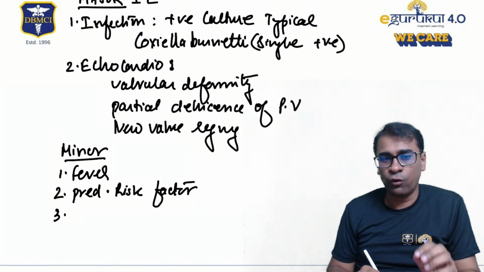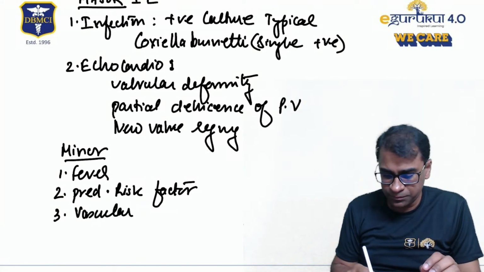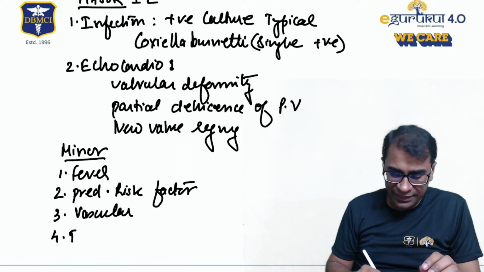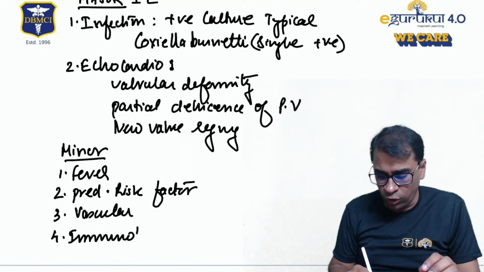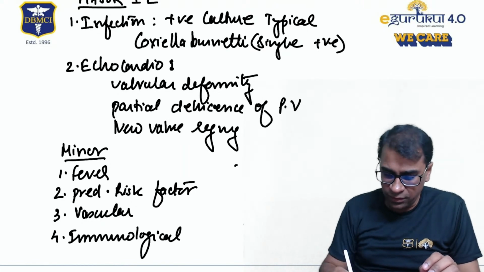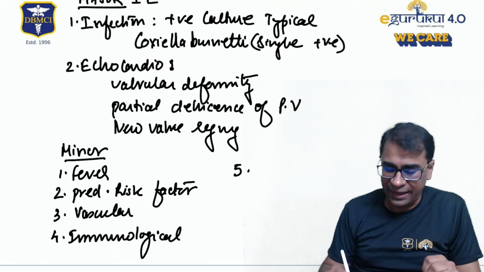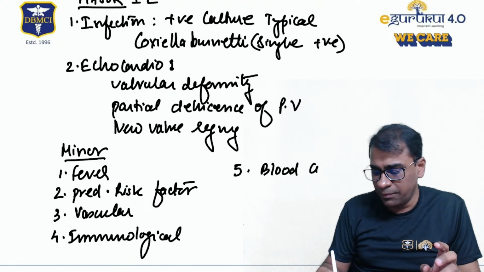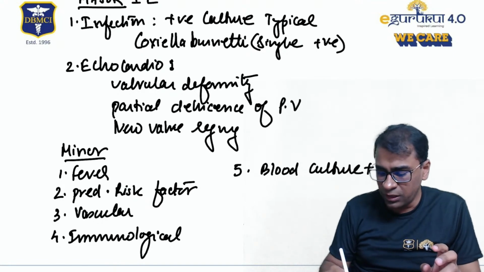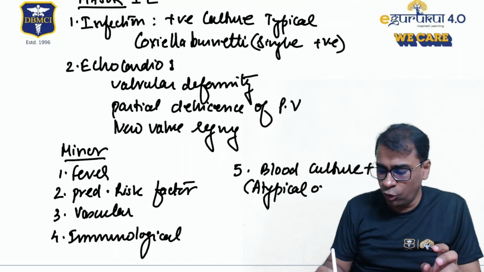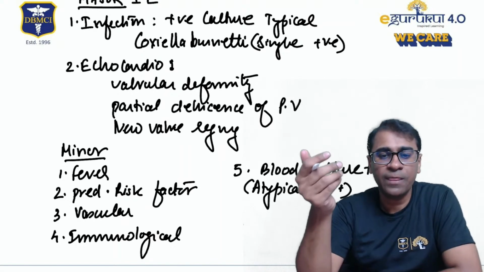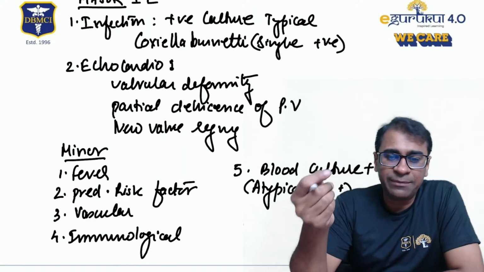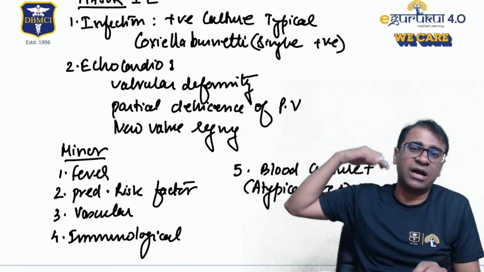Along with that, it can also be a vascular phenomenon, or it can be an immunological phenomenon. And the fifth one, it can be a blood culture, but this time the positive blood culture is taken from an atypical organism, not a typical organism. The atypical organism must be positive for the positivity here. Now, atypical organism is whatever we have not mentioned above.